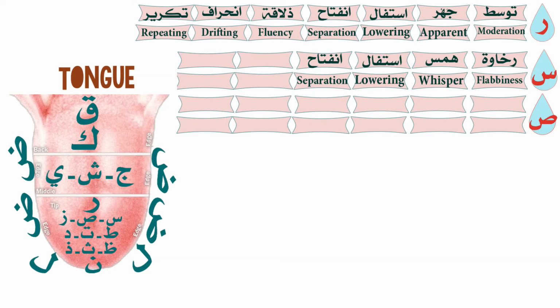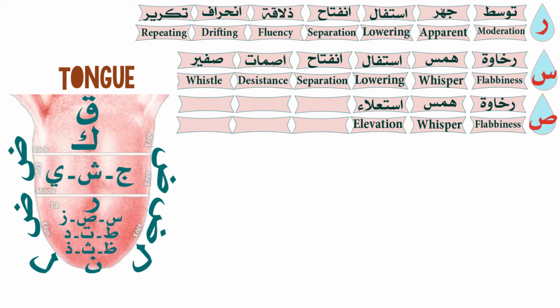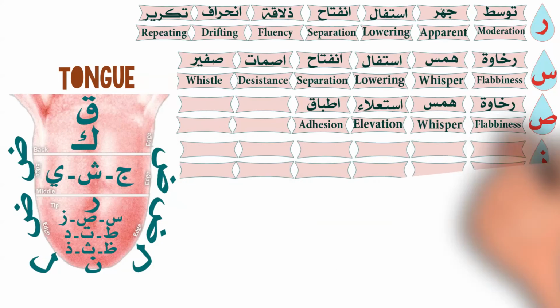Then we have the sin, the صاد, and the زاي, مخرج. The sin characteristics are رخاوة, floppiness, همس, whisper, استفال, lowering, انفتاح, separation, إصمات, resistance, and صفير without opposite, whistle.